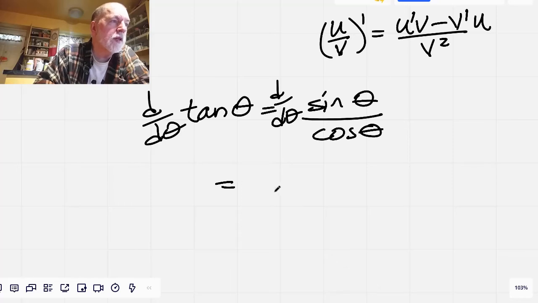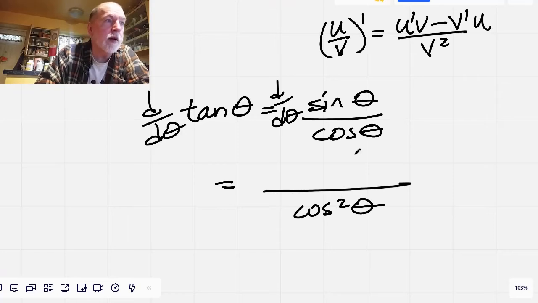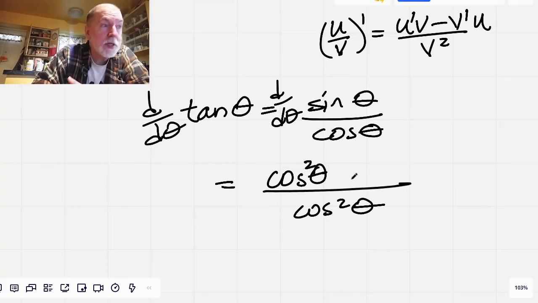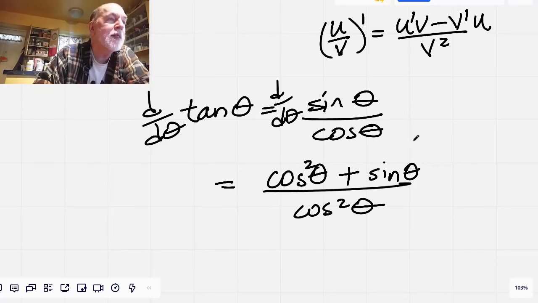So that derivative is going to have cosine squared in the denominator, and u prime, that's the derivative of sine, which is cosine, times v, so that's going to end up being cosine squared, minus v prime, which is going to be negative sine of theta, so this becomes positive, times u, which is sine of theta, so that's going to be sine squared theta.